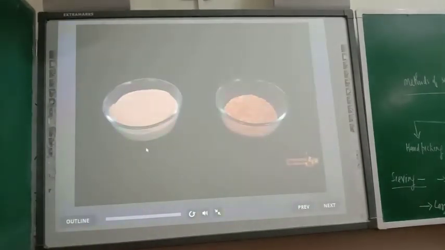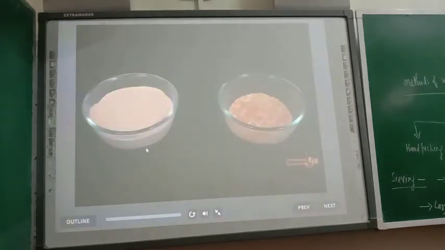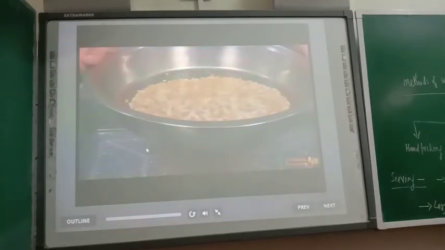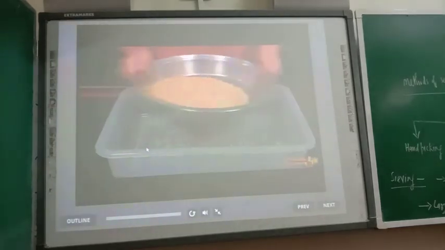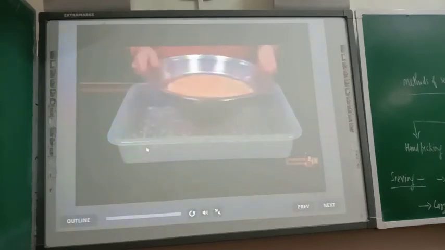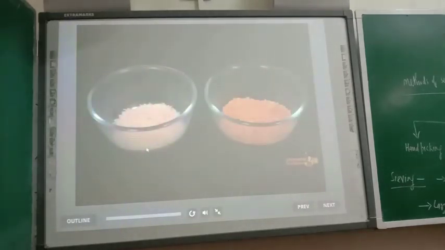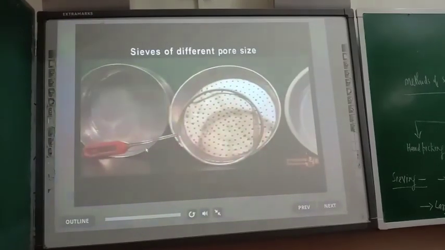Sieving is used to separate the components of a mixture which are of different sizes. When the mixture is shaken on a sieve, it allows the particles smaller than its pores to pass through it, whereas the bigger particles are left behind. Sieves of different pore size are available.